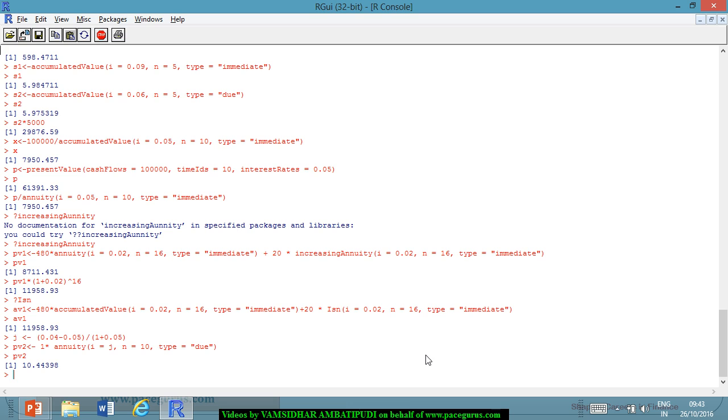Once I know the present value, multiplied by 1 plus I to the power 10, I get the accumulated value. The only thing is, here I don't need to separately look at increasing or decreasing annuity. If it is growing at a geometric progression rate, just adjust the interest rate, and use that modified interest rate instead of the original interest rate. That will solve the numerical completely. So that's how we address problems of this kind.